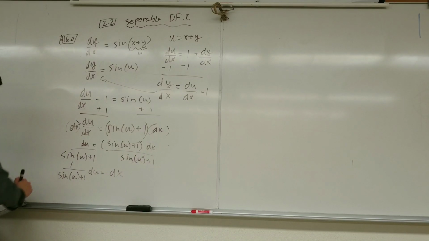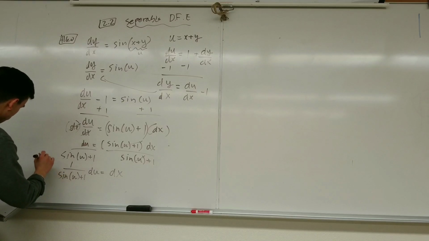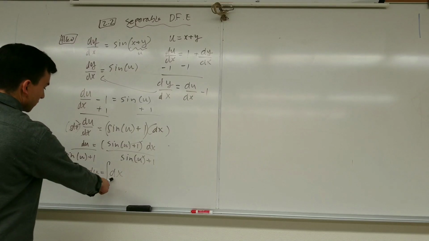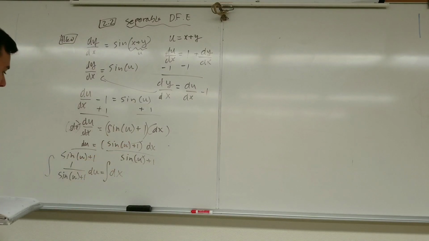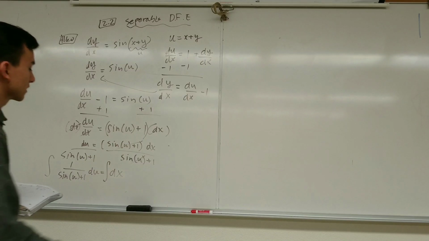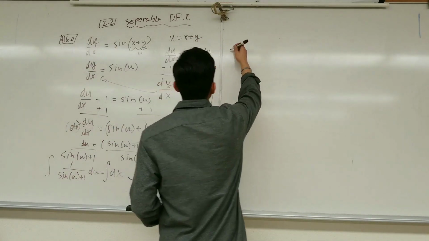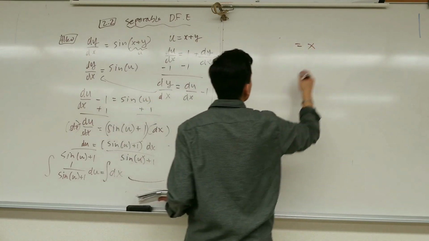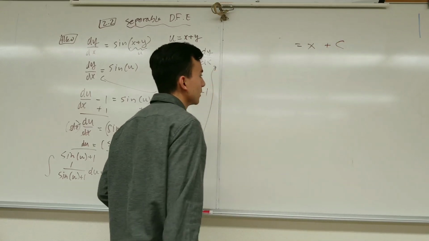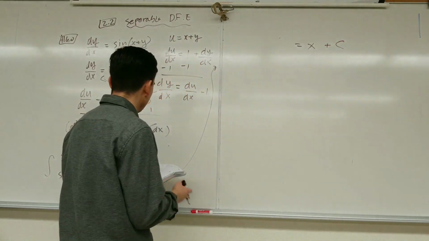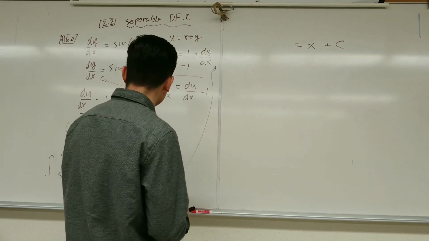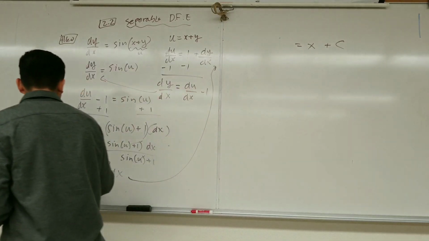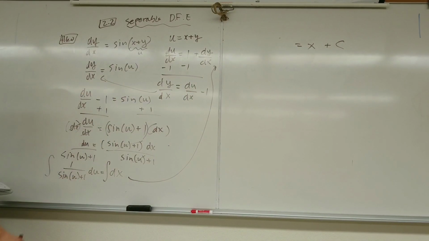Now what I want to do is take the integral, right, of both sides. Well, this one's going to be simple. The integral of simply dx is going to be a beautiful x. And we can't forget about our plus c, because we got to bring that plus c along.